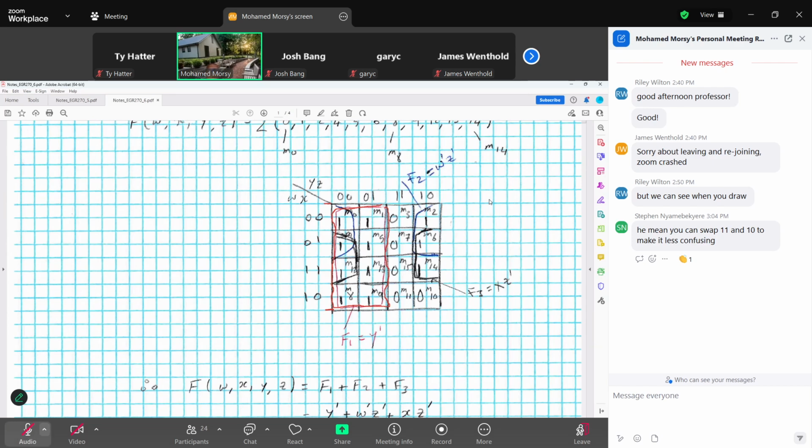So we skip both W and X. Look at the boundaries here for this box. So what do we have? We have Y is 0, 0. So what do we take? Y inverted. Why not? Perfect. Z is 0, 1. So we skip Z. So F1 is just equal to Y inverted.